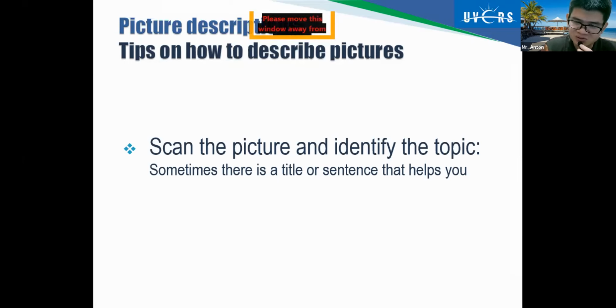For example, you can take a screenshot from the laptop for our distance learning now. Or maybe you are able to take your mom or your daddy working from home picture, or maybe you can download it from the internet. Okay, so the first step is scan the picture.